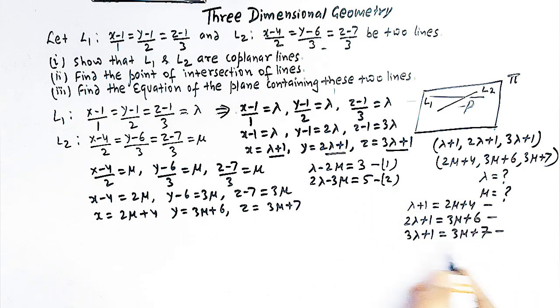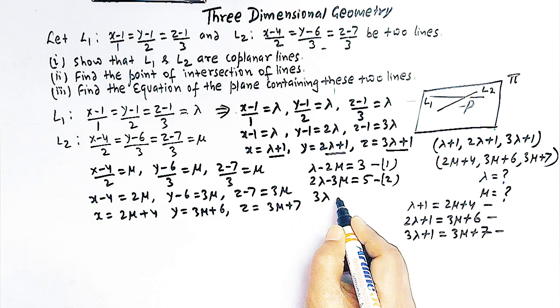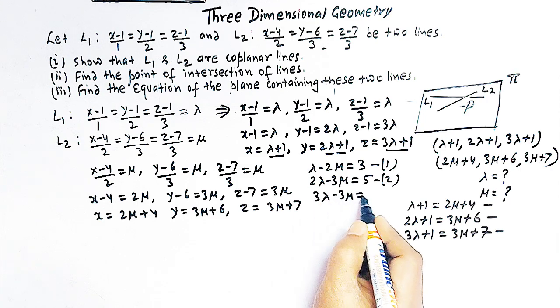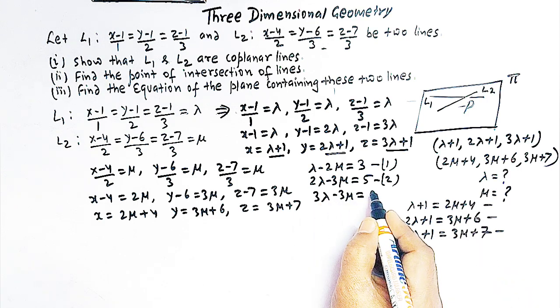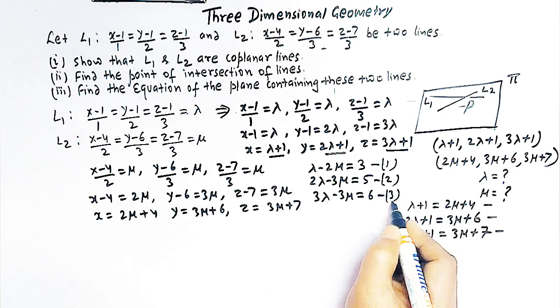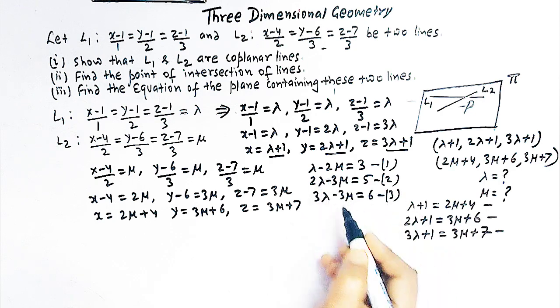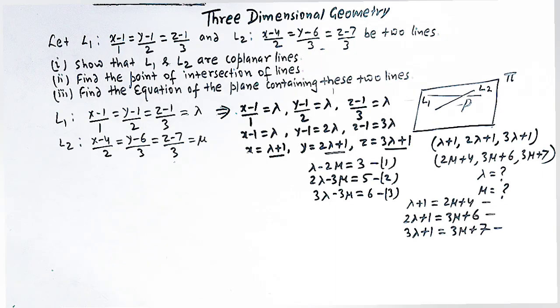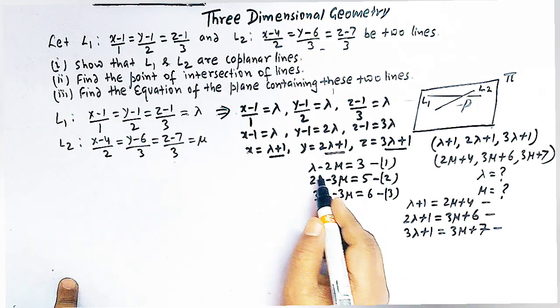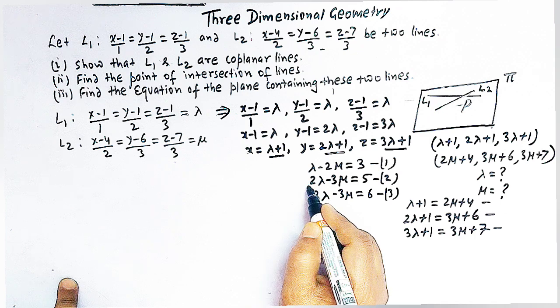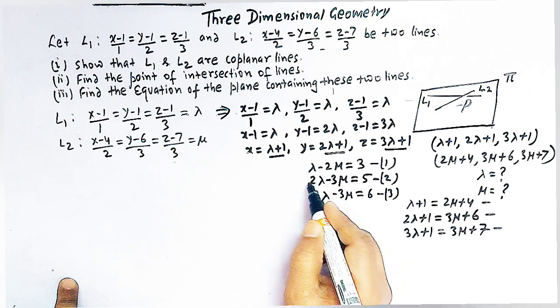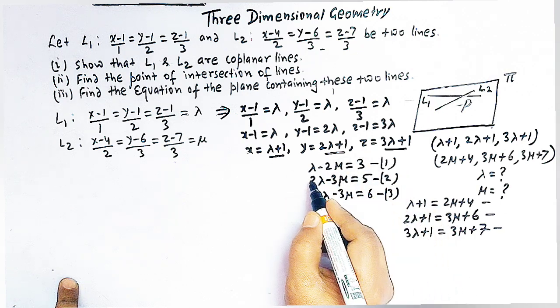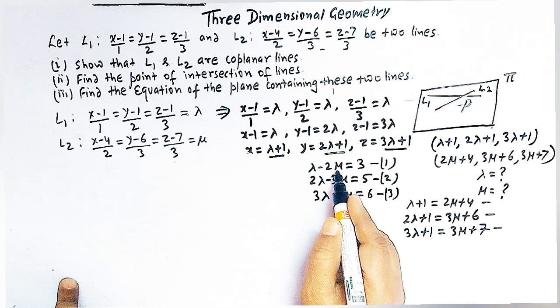And then we have here 3 lambda minus 3 mu is equal to 7 minus 1, that is 6. So now we have three equations in lambda and mu. So let us solve any two of these equations, right? It is up to our choice to solve the two equations.